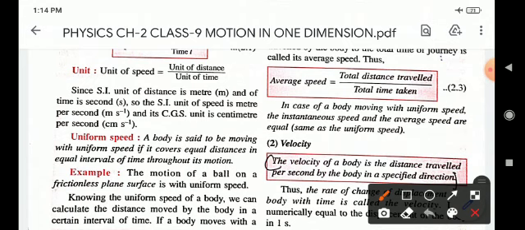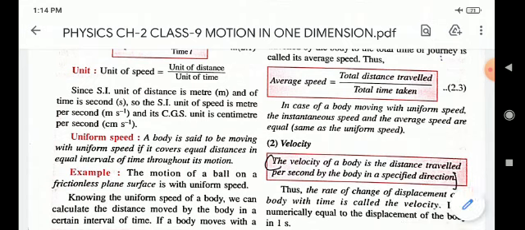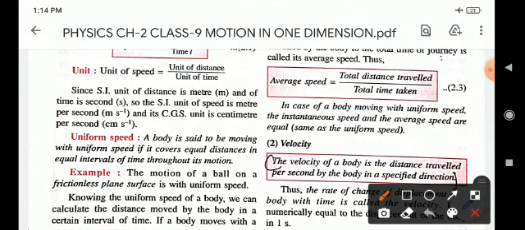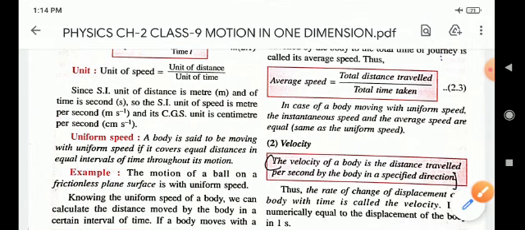We know that velocity is defined as the rate of change of displacement. The rate of change of displacement is called velocity.